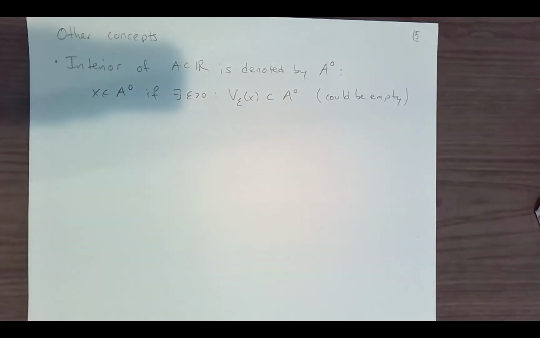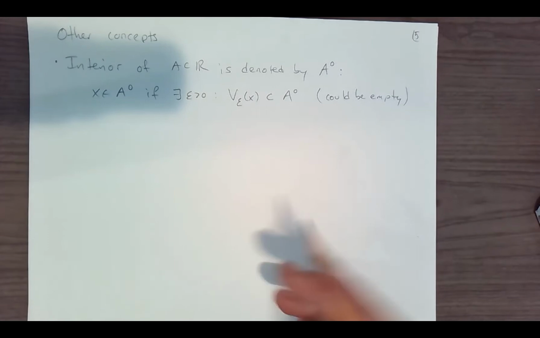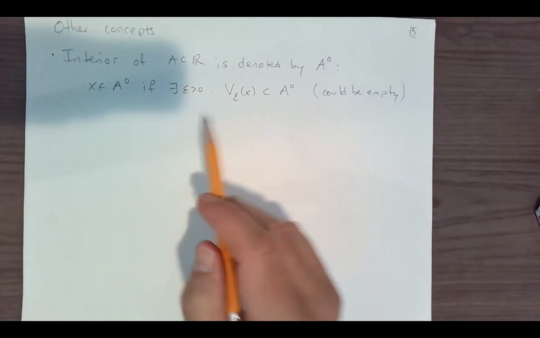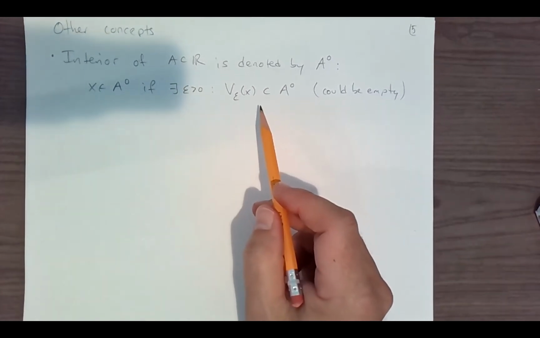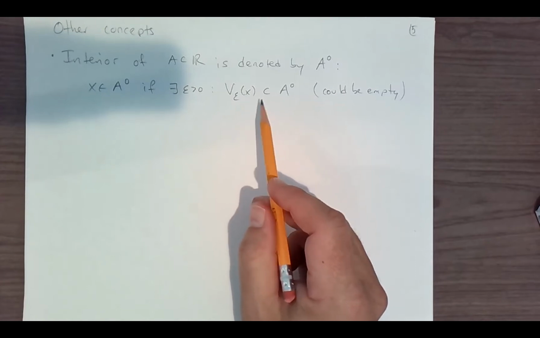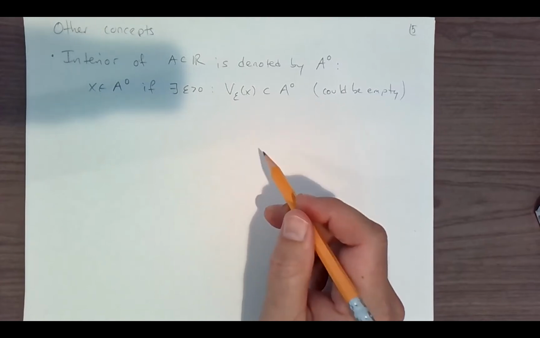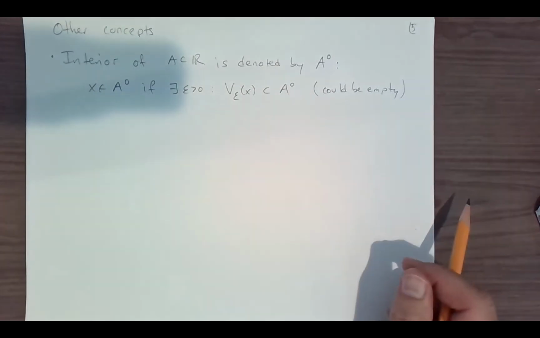So the interior, this A circle, is those points inside A that have this property.